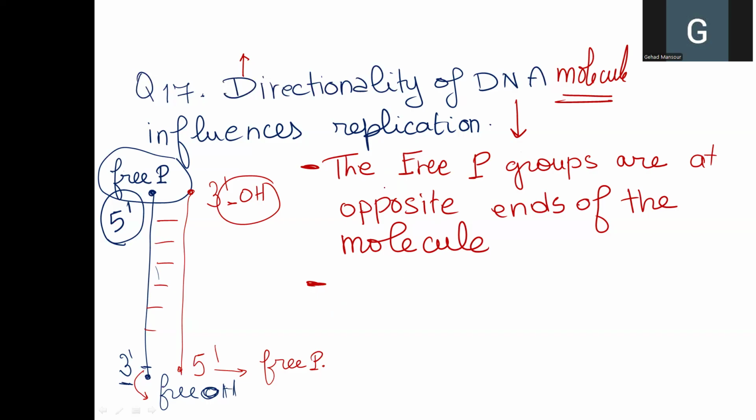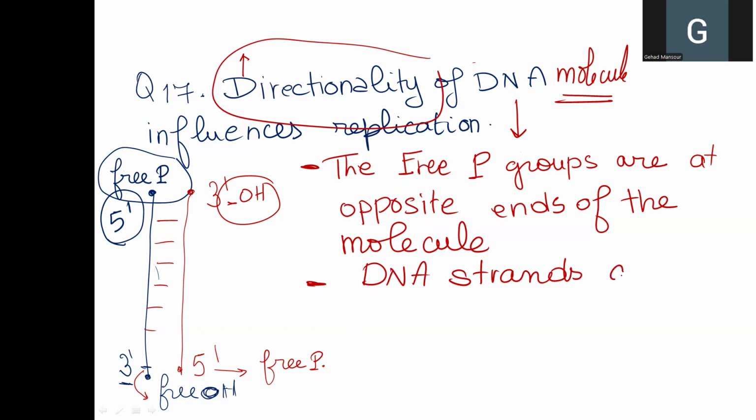Sometimes we describe this directionality of the DNA molecule by saying that the two DNA strands inside a DNA molecule are anti-parallel. And it means the same thing. It means that the free phosphate groups are at opposite ends of the molecule, and that the free hydroxyl groups are at opposite ends of the molecule.